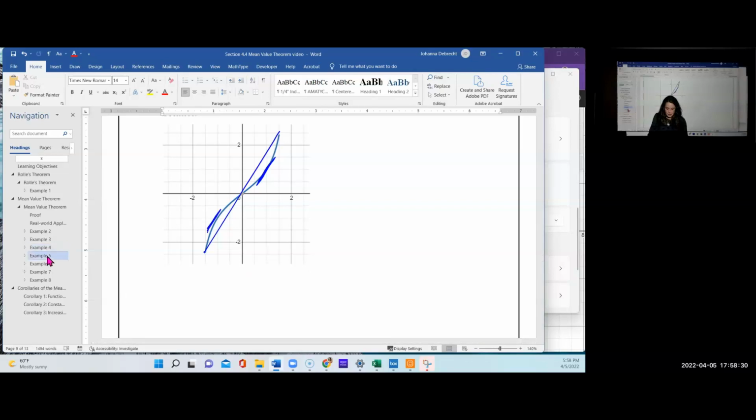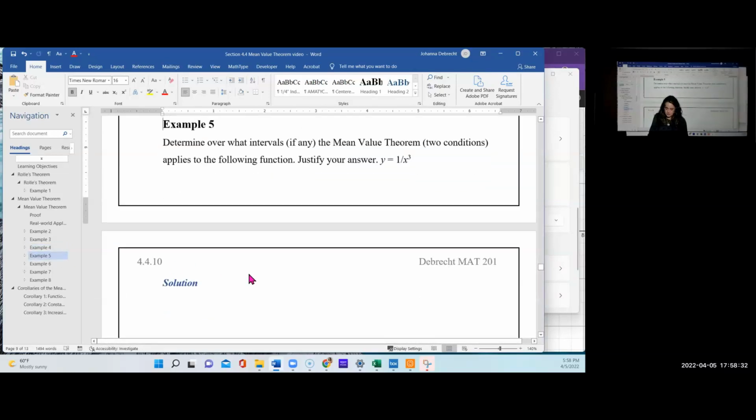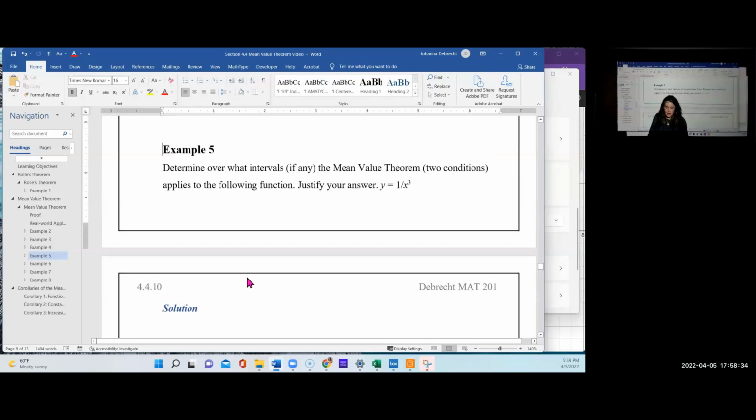Let's take a look now at example 5. In example 5, we want to determine over what intervals, if any, the mean value theorem with its two conditions, continuous on a closed interval, differentiable on an open, applies to the function y equals 1 over x cubed. Now, the first thing we have to consider is that to be continuous or differentiable, you have to be defined.